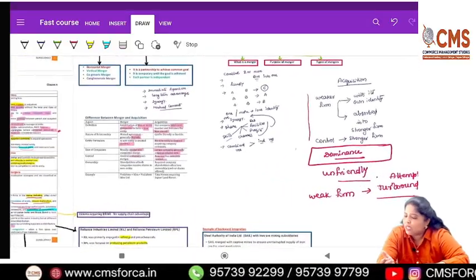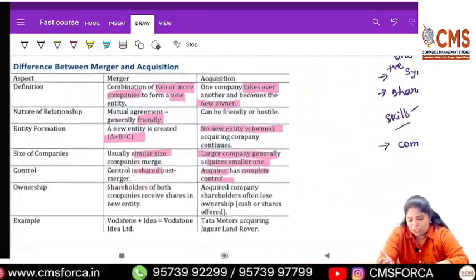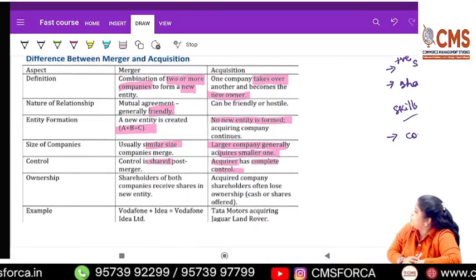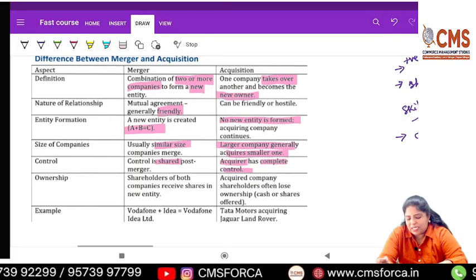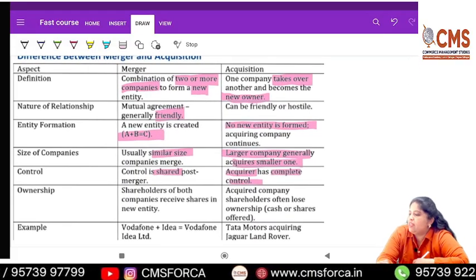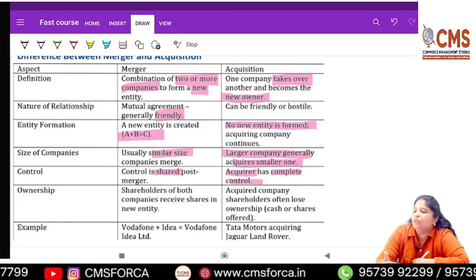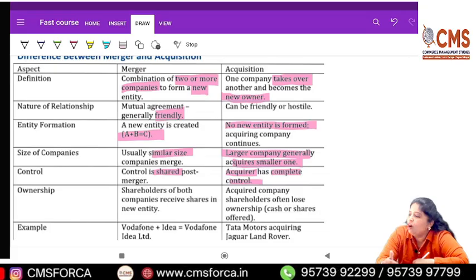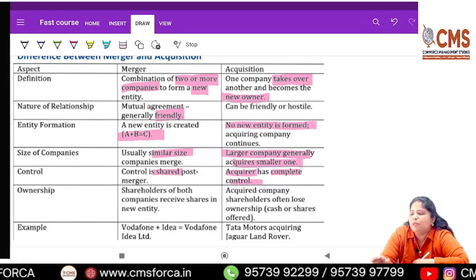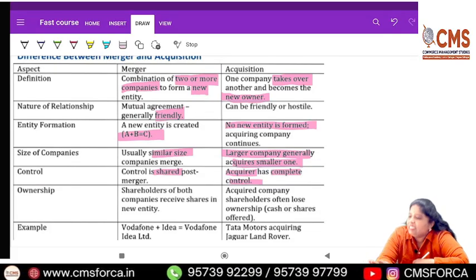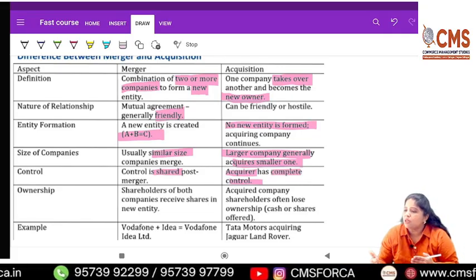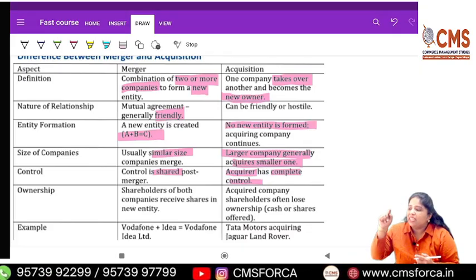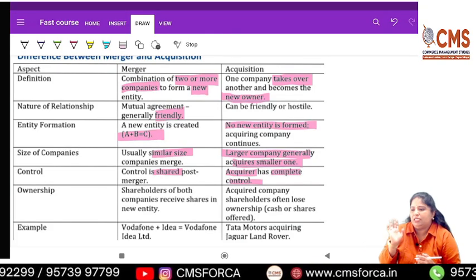Now, as you can see here, I have a few points of comparison to discuss more on merger and acquisition. Now, let's talk about the first, definition. What do you have under merger? It's a combination of two or more firms, but it happens always on friendly terms. But acquisition is where a stronger firm acquires a weaker firm, but it happens on unfriendly terms.